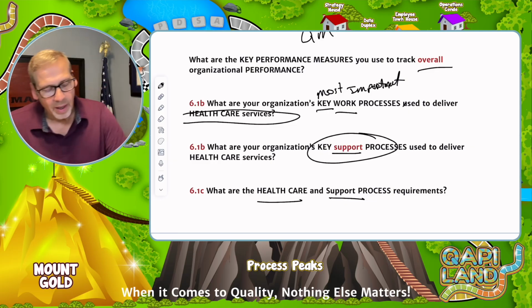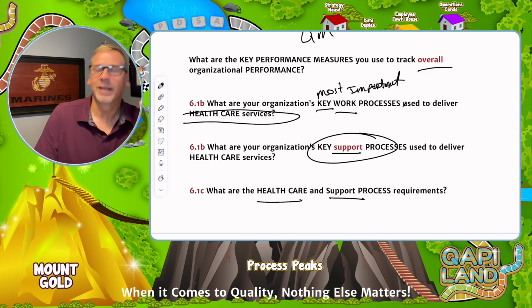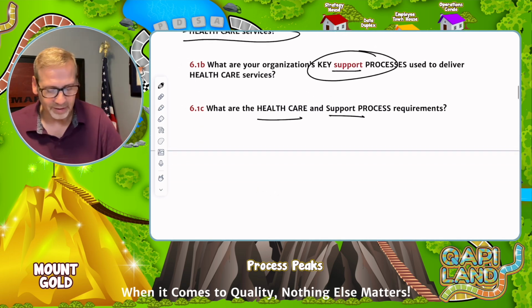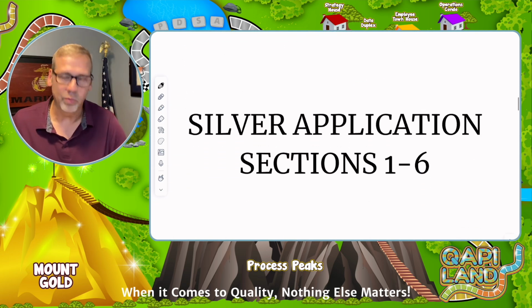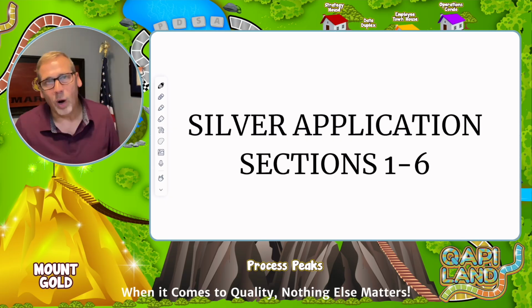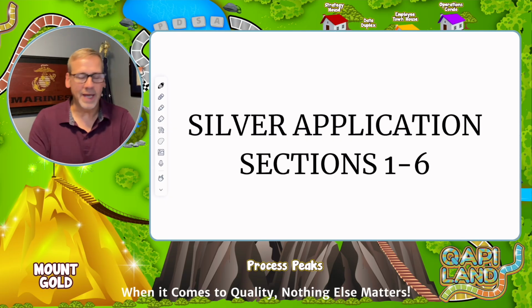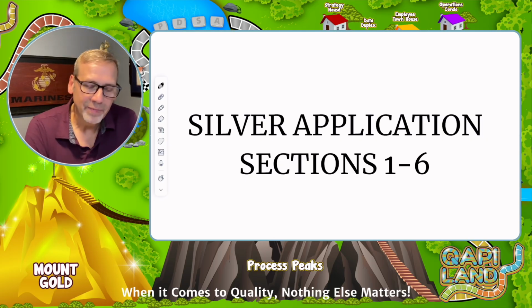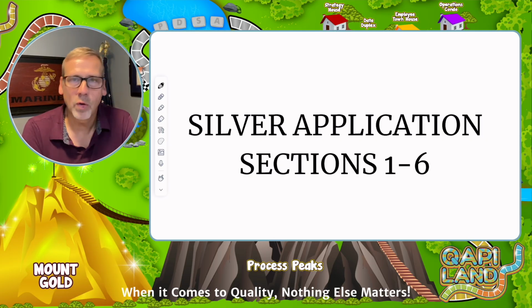I hope this made it a little easier as we go through and start answering all the questions in sections 1 through 6. But let me just explain why I went into that. The reason is because there are 2 main questions that you need to answer in the application.